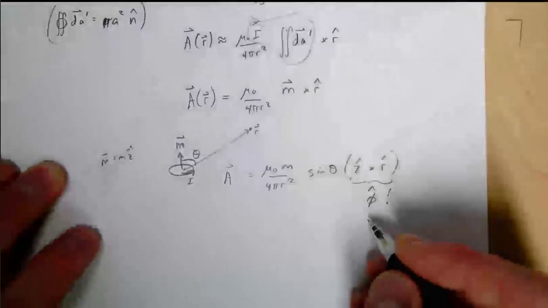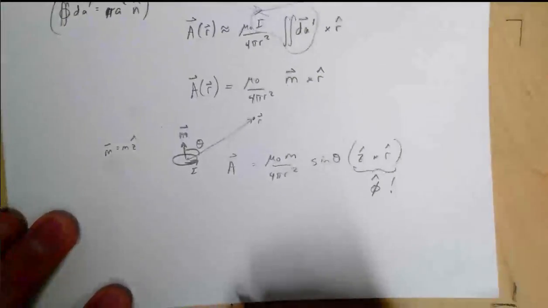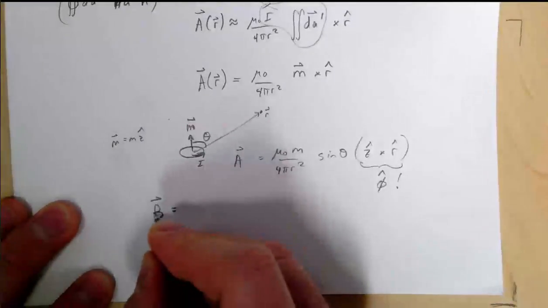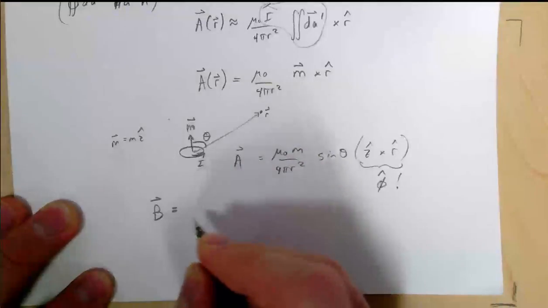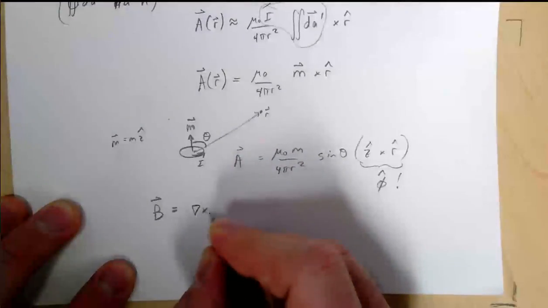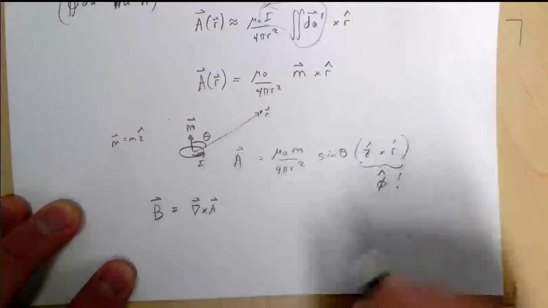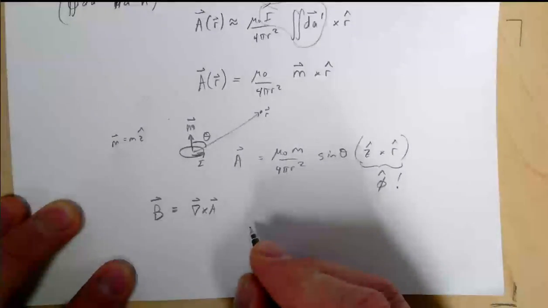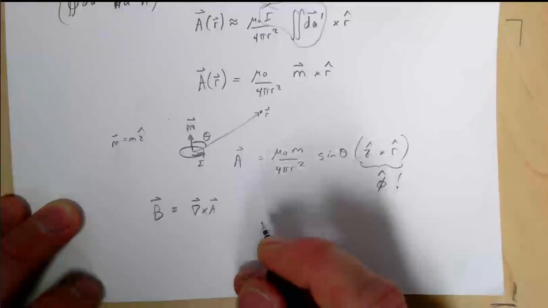The A points in the phi hat direction. And then if you compute B, which I want you to do in the homework, you'll take the curl of this A for certain situations, and you'll see that this looks just like the electric dipole.